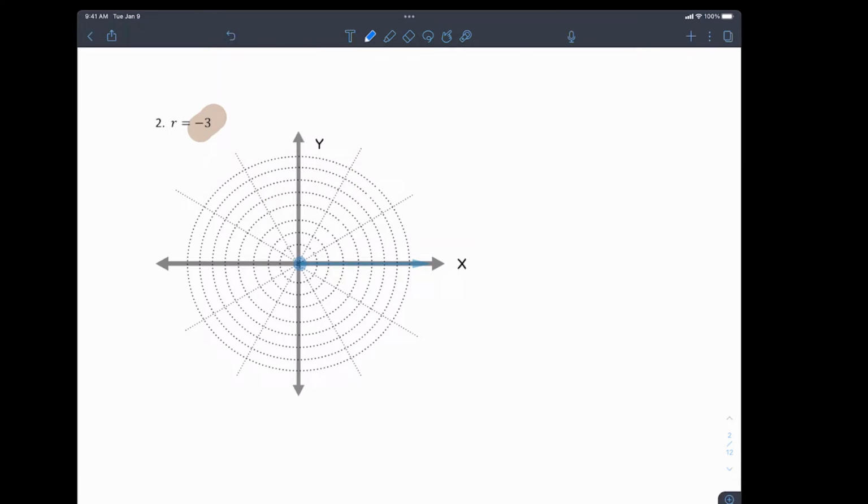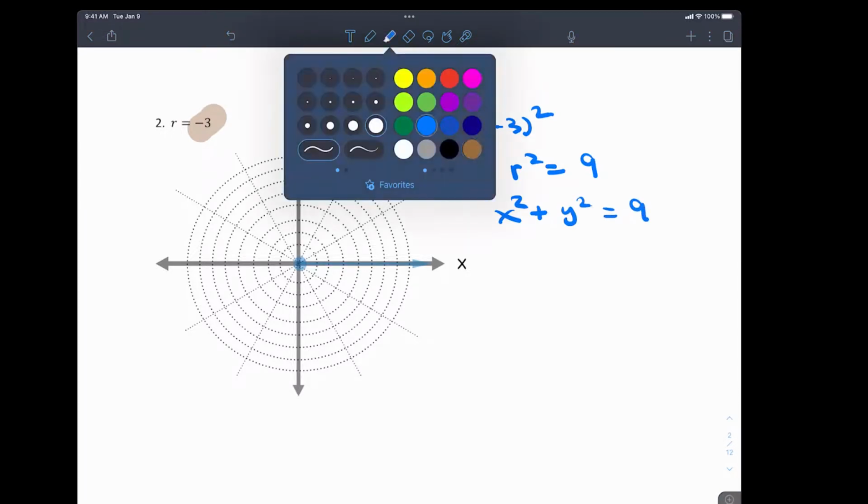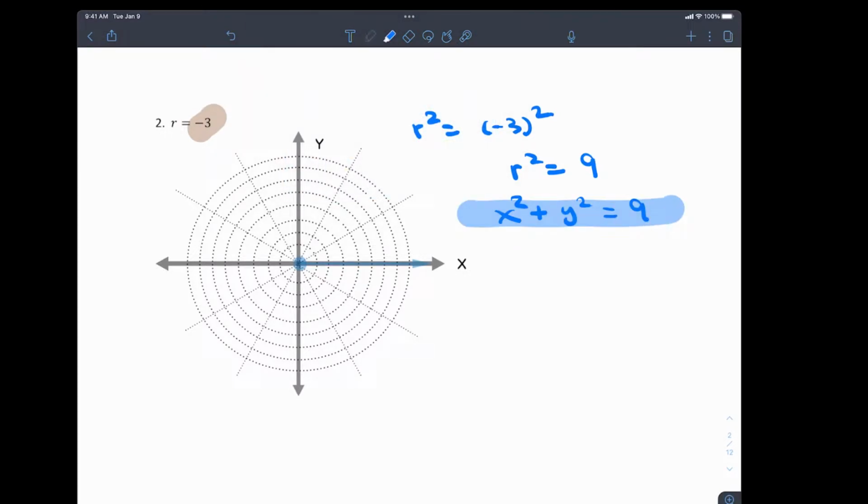Well, r squared becomes negative 3 squared, or r squared is 9, which means x squared plus y squared equals what? 9. What is this? This is a circle centered at the origin. Radius now is positive 3.